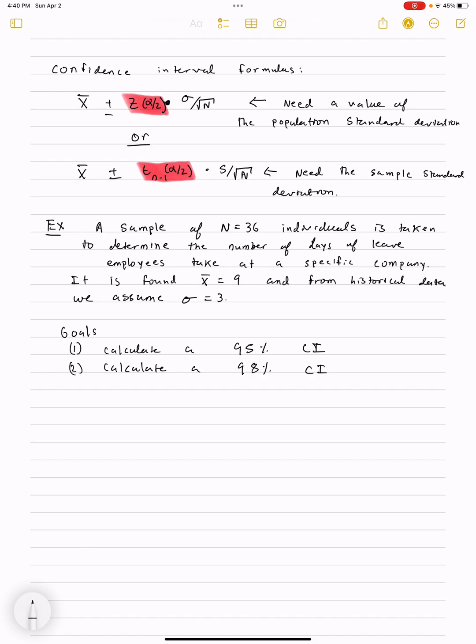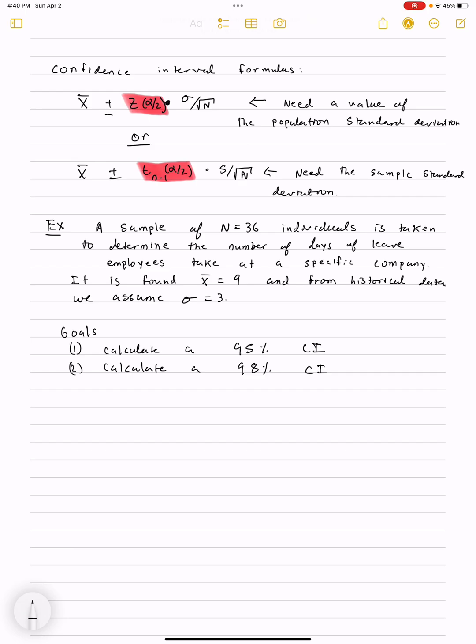And from historical data, so this all gets logged in HR, we calculate the population standard deviation from previous data, from like last year or from several years ago, and we determine sigma is 3.